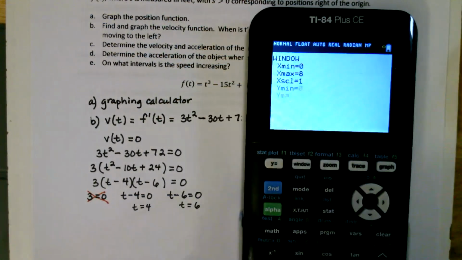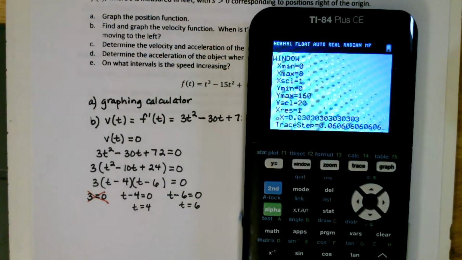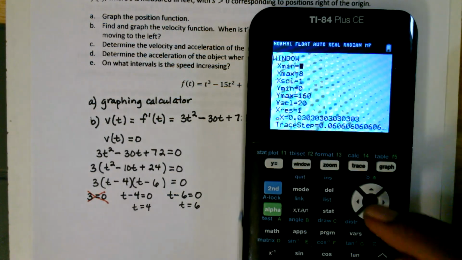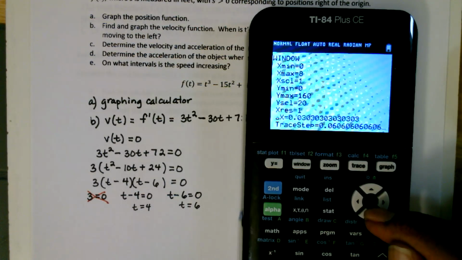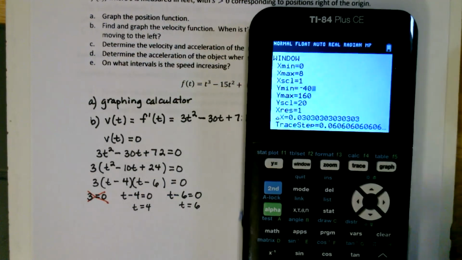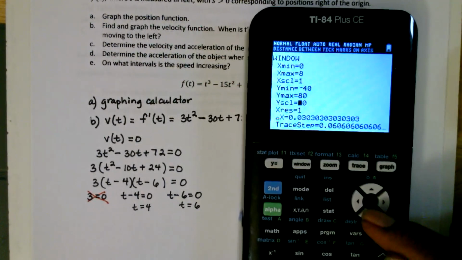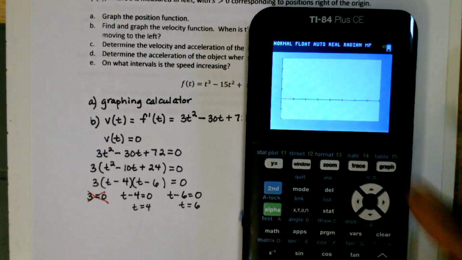Now let me go to window, because I'm going to find out what type of window I'm going to need to use here. From 0 to 8, the x min and x max will remain the same. But for y min, I'm going to say negative 40. And then y max will be 80. The y scale will remain as 20. And now I'm going to press graph.